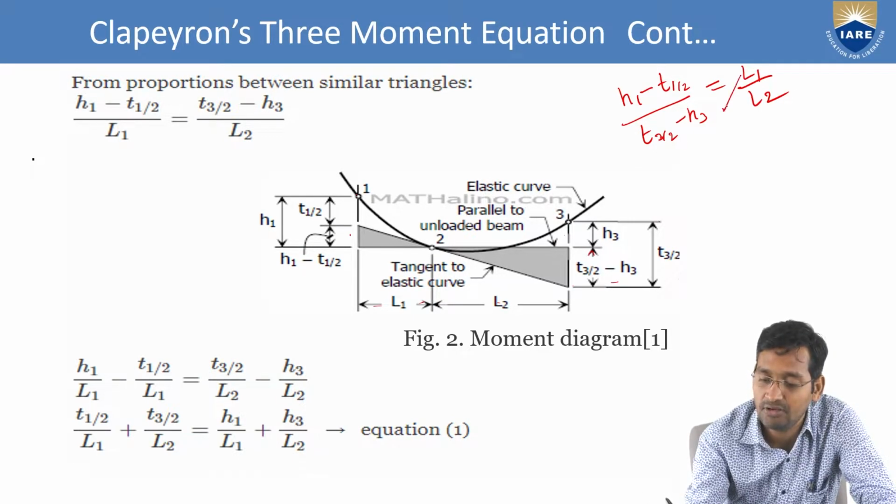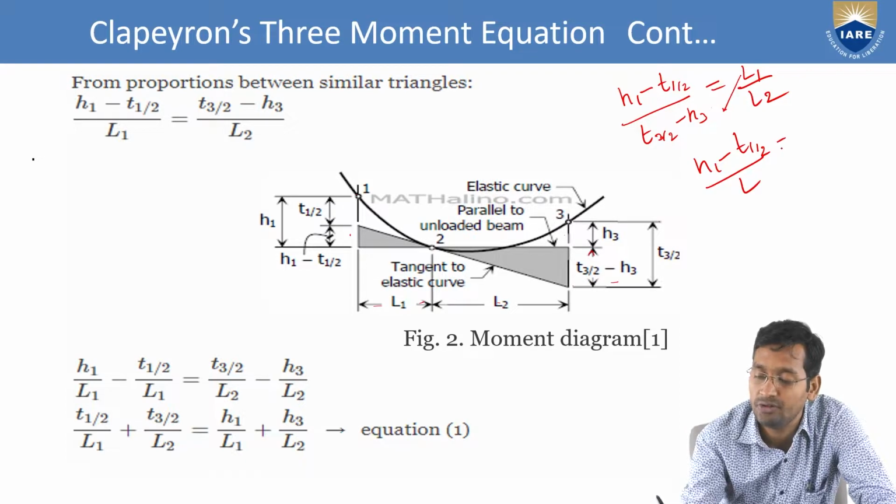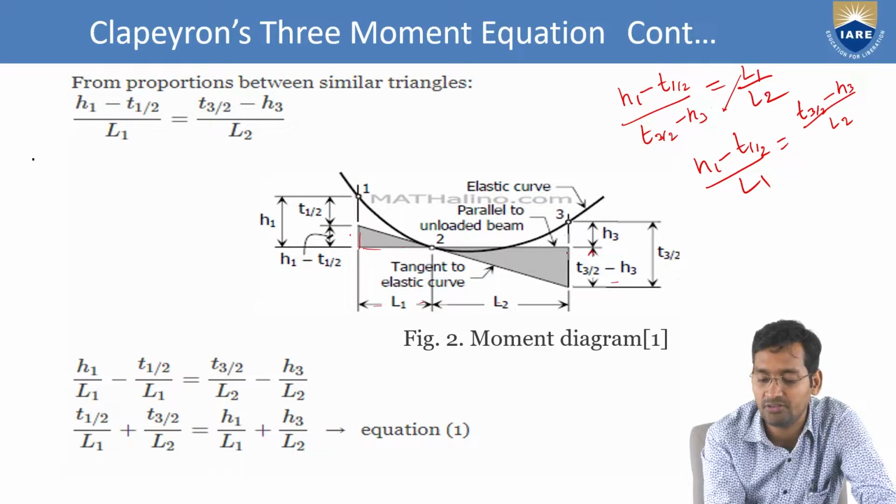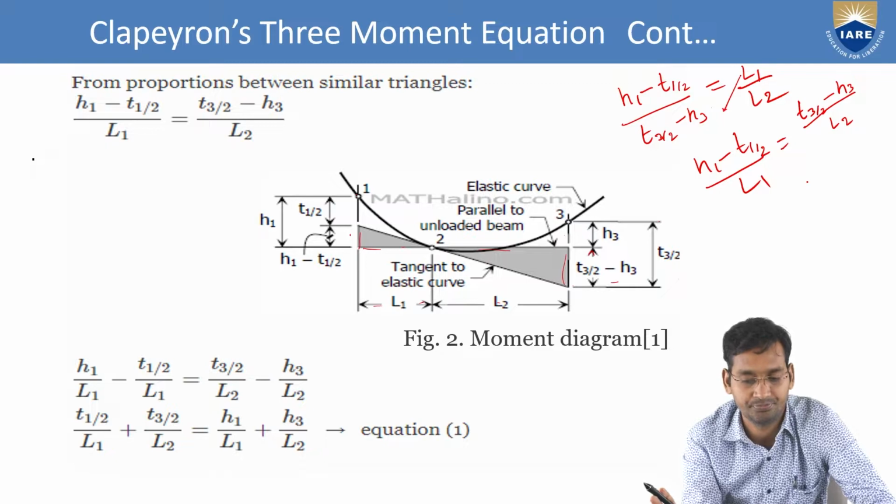So take this L1 and this side. So H1 minus T1 to 2 by L1 is equal to T3 to 2 minus H3 by L2. It's not necessary; you can also take this divided by this one, then this divided by this one. That also you will get the same thing.